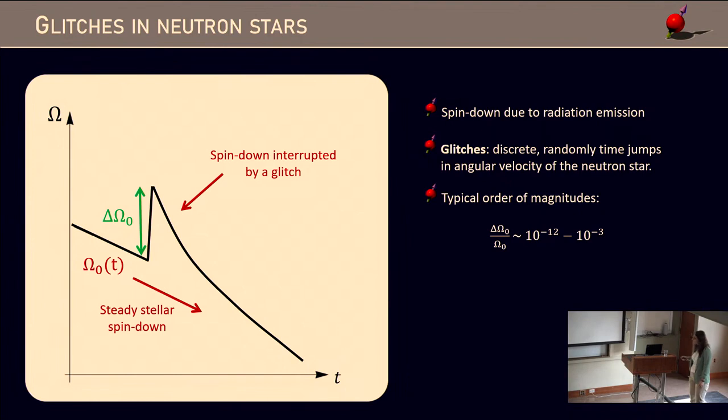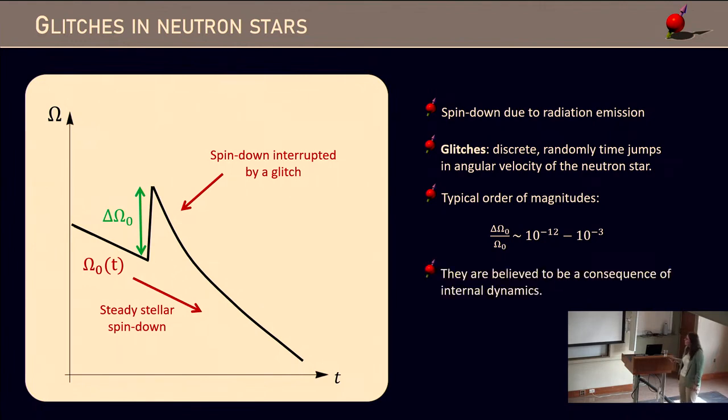And these jumps are quite small, of the order of magnitude of 10 to the minus 12 to 10 to the minus 3. The widely accepted mechanism for this phenomenon is believed to be a consequence of the internal dynamics, and in particular, it's believed to be a hint of superfluid properties of neutron stars.